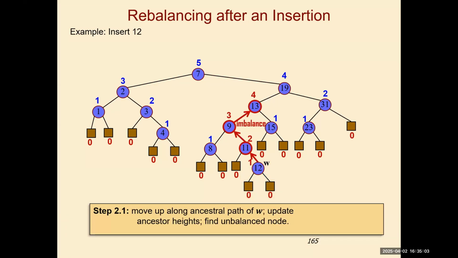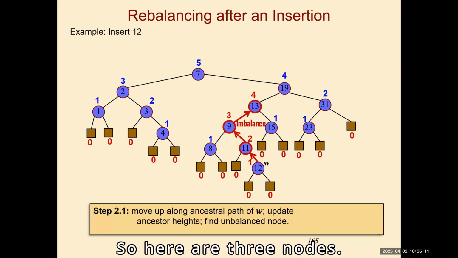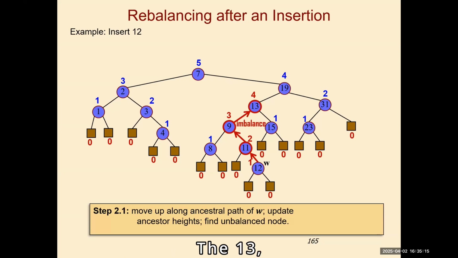And then you think about the previous guy and the previous guy. So here are 3 nodes. The 13, because it's the unhappy one, and the previous in the path is 9, and the previous is 11.